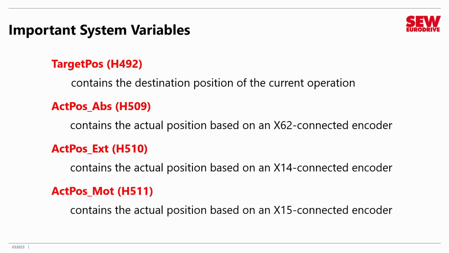And of course, there's our old friend ACT-POS motor in H511 that tells you the position based on the X15 connected encoder. So you can read several different encoders using different system variables. Of course, your application would have to have all those encoders. Just be aware of these. We're not going to mess with any of them except for the motor encoder in this class, but that's how you read other external encoders.